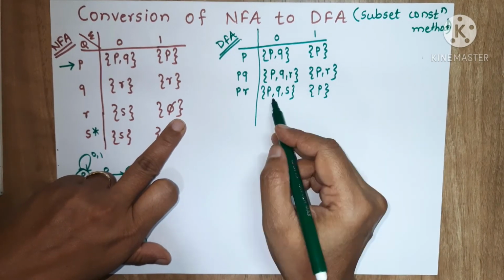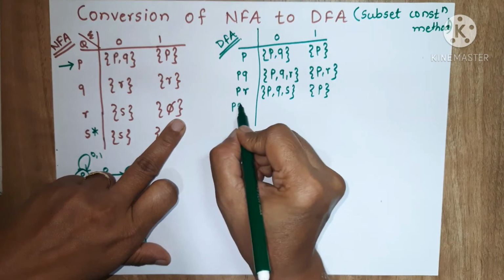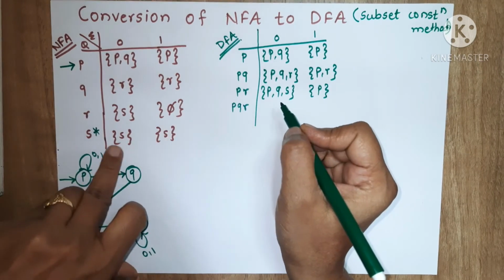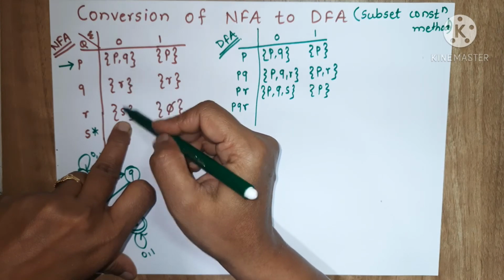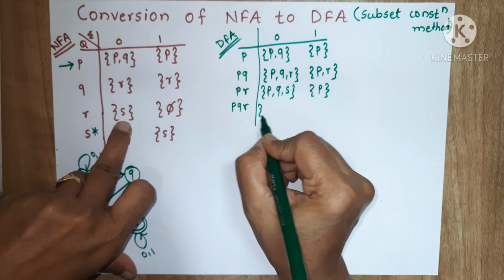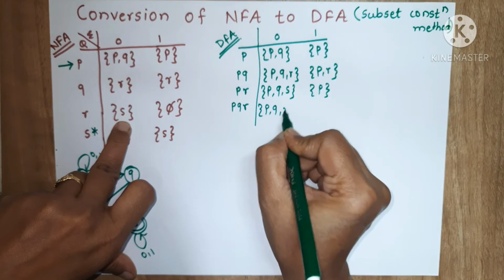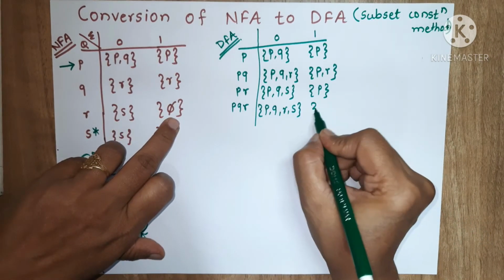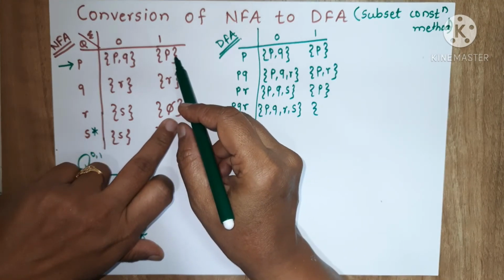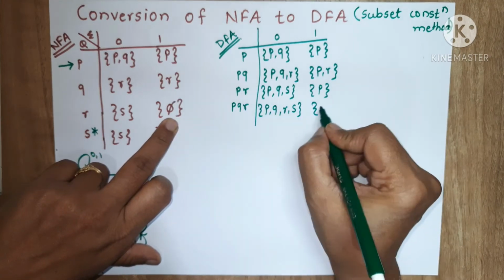Then the next state which we are going to take is PQR. So P, Q and R, you have to take the union of all the three. So this is P, Q, R and S, and on 1 it is P union R union phi, that is PR.